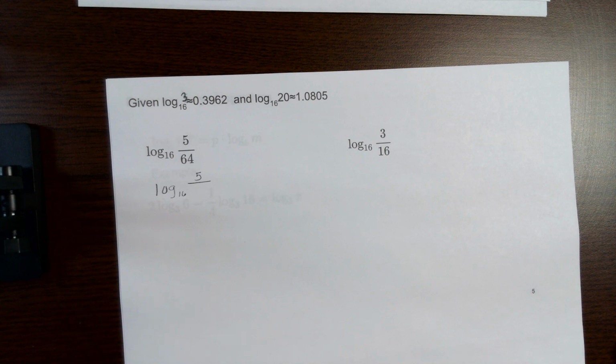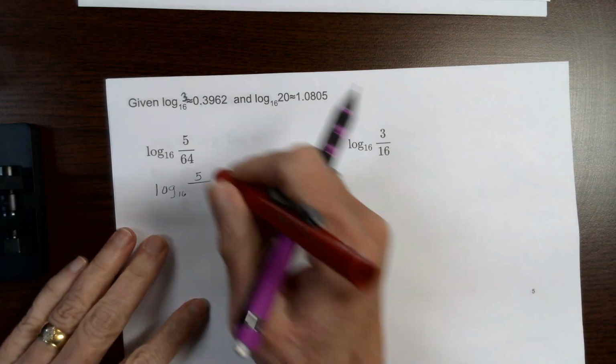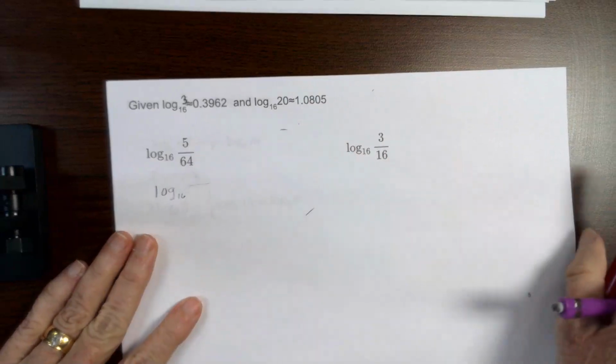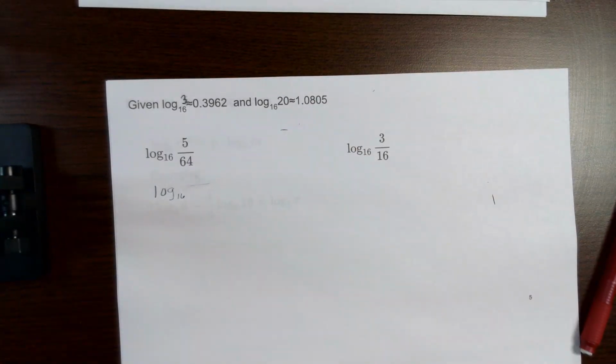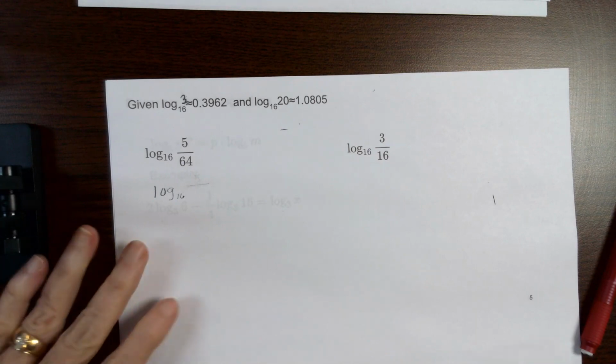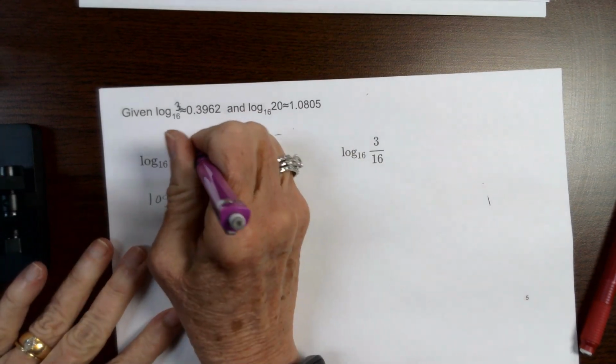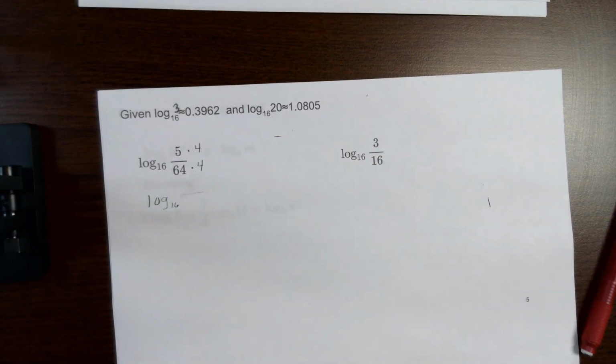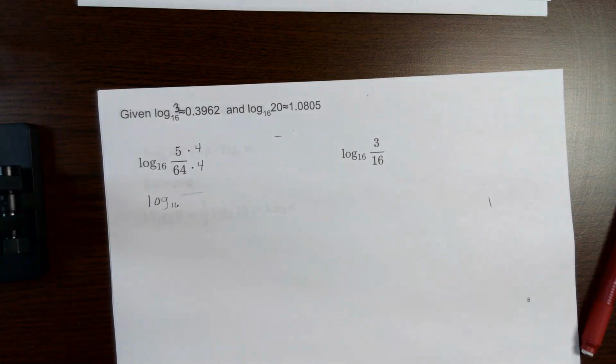So you have got a value there. Let's see, if I multiply the top of this by 4, and let's multiply the bottom of that by 4, because I'm trying to be able to use those two values.